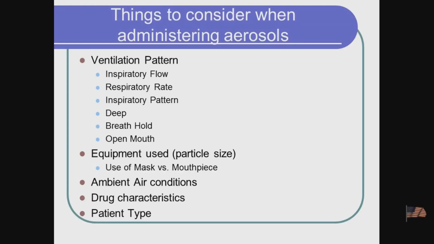All right, so things that we need to consider, and this is basically based upon some aspects of their technique. DPIs specifically have to have a certain amount of minimum inspiratory flow to be able to be used. If the patient can't generate a certain inspiratory flow rate because the respiratory muscles are too weak, or because they're a child, DPIs are not indicated.